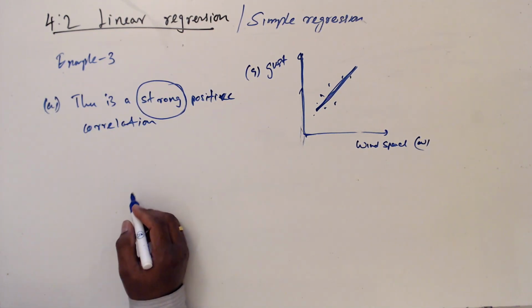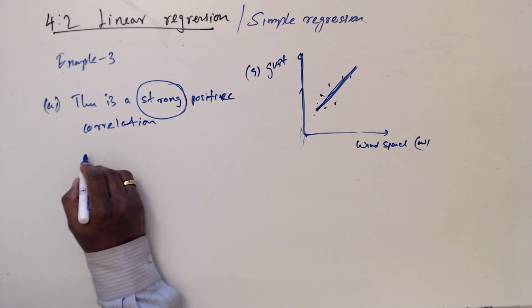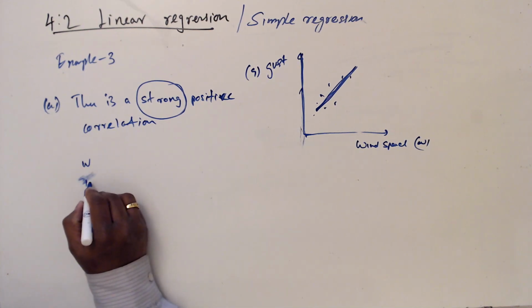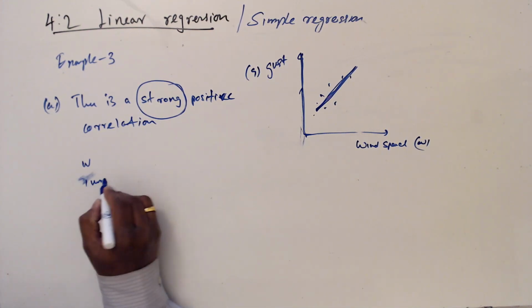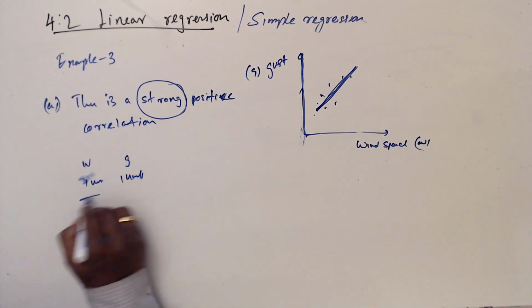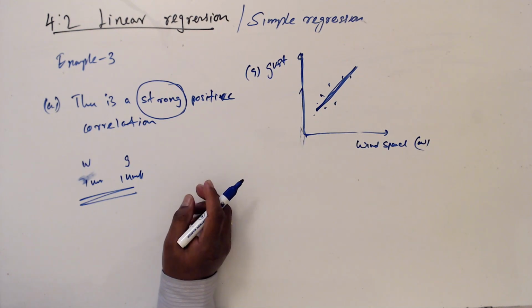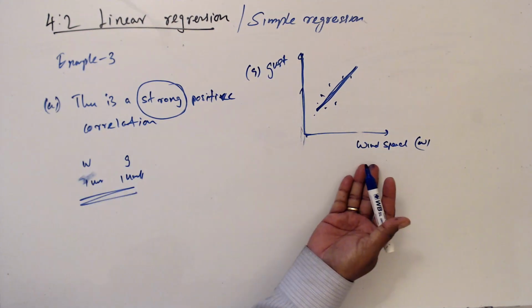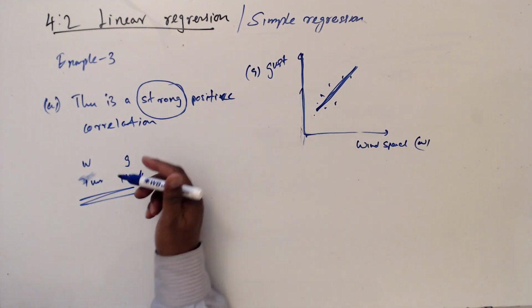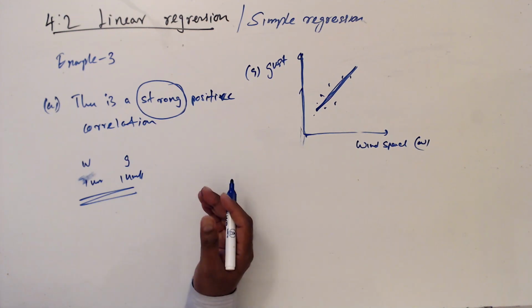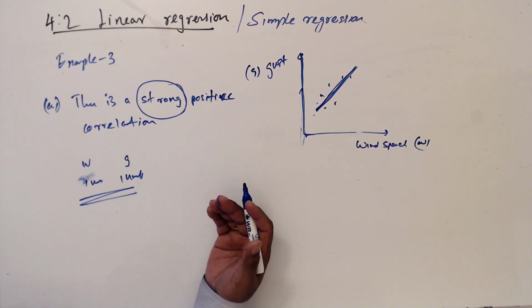Because if one variable increases by 1 unit and the other variable also increases by 1 unit, then it is one-to-one. If the independent variable increases by 1 unit, the dependent also increases by 1 unit. It's a perfect, one-to-one correlation, so it is a strong correlation.